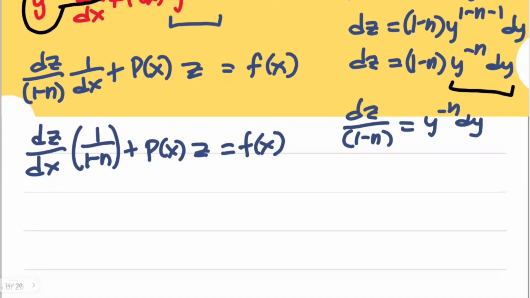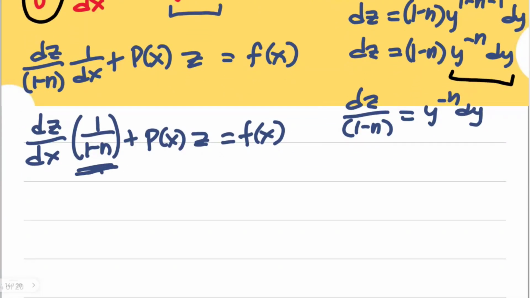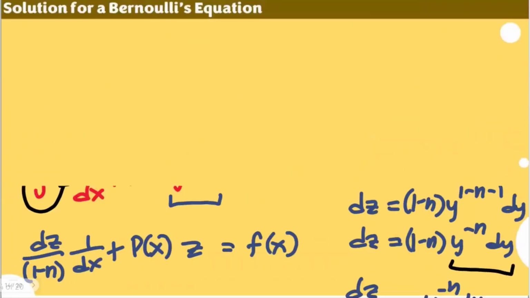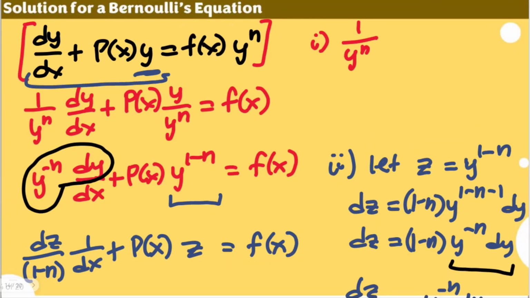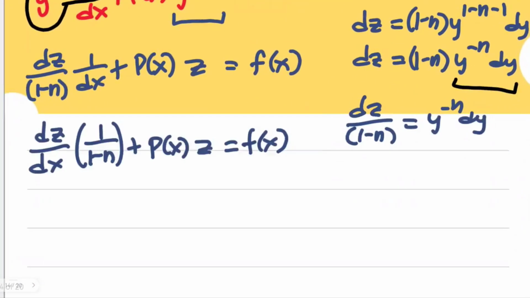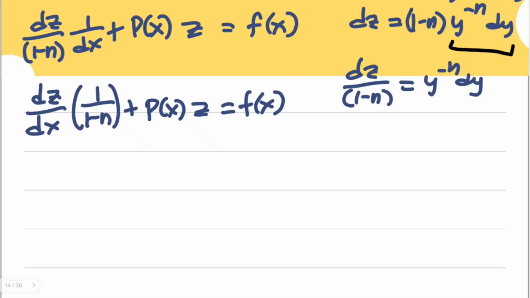Now, to make this linear, we don't want this here, because the form of the linear must actually be this form, equal to f of x without any other exponent of y, or in this case z. So the third step here is to multiply 1 minus n on both sides.